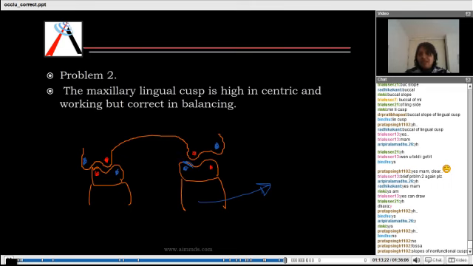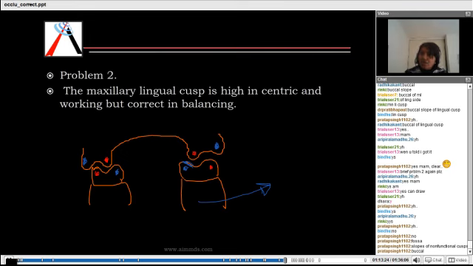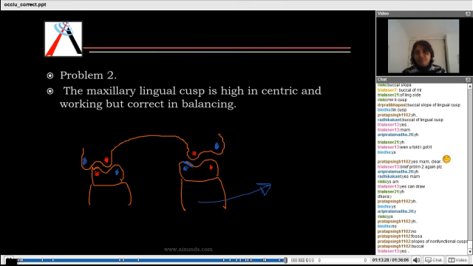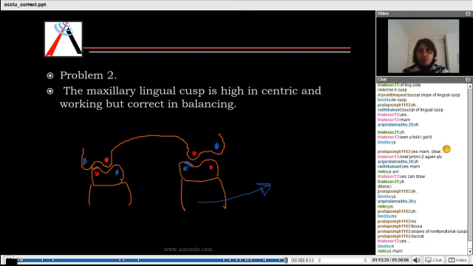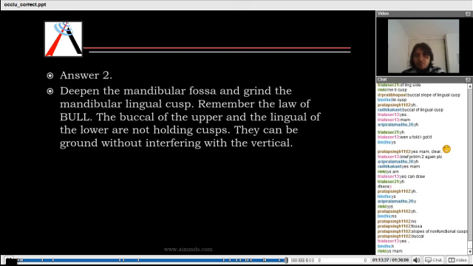Which slope of the non-functional cusp? The one which is coming in contact. Grind the mandibular lingual cusps.